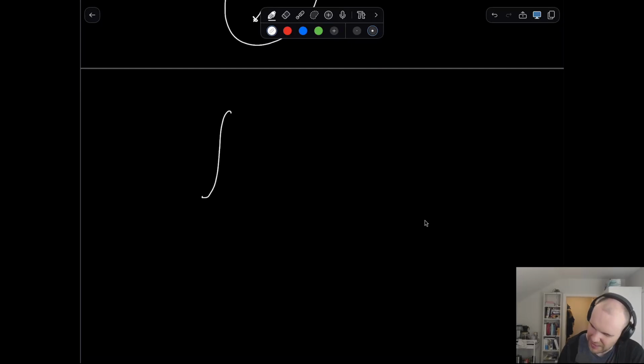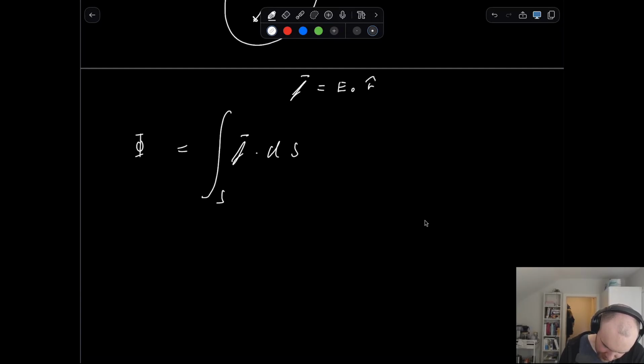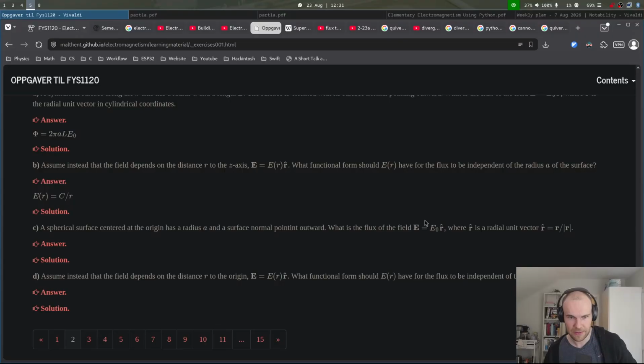We can calculate it, or we can be very clever. Maybe we just calculate it, it's fun. The flux is of course that surface integral of F, and F was just E0 in the radial direction, dot dS.